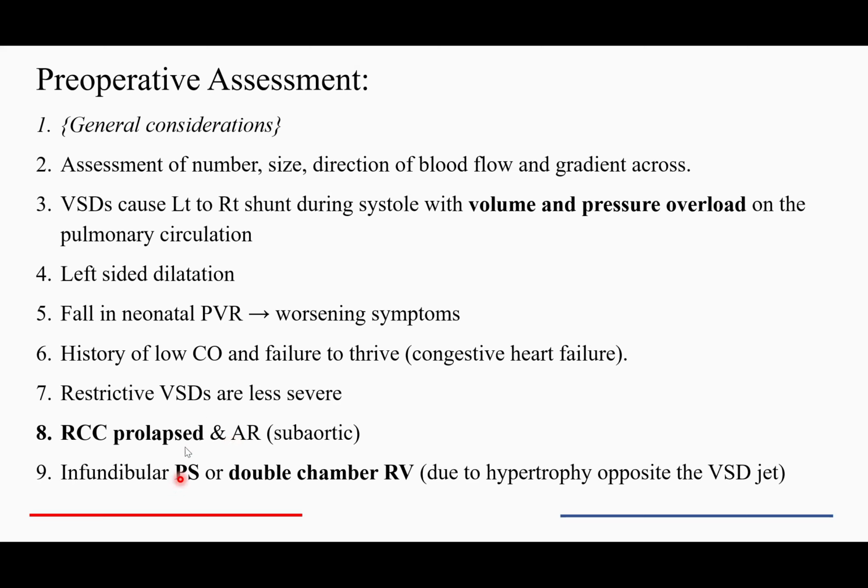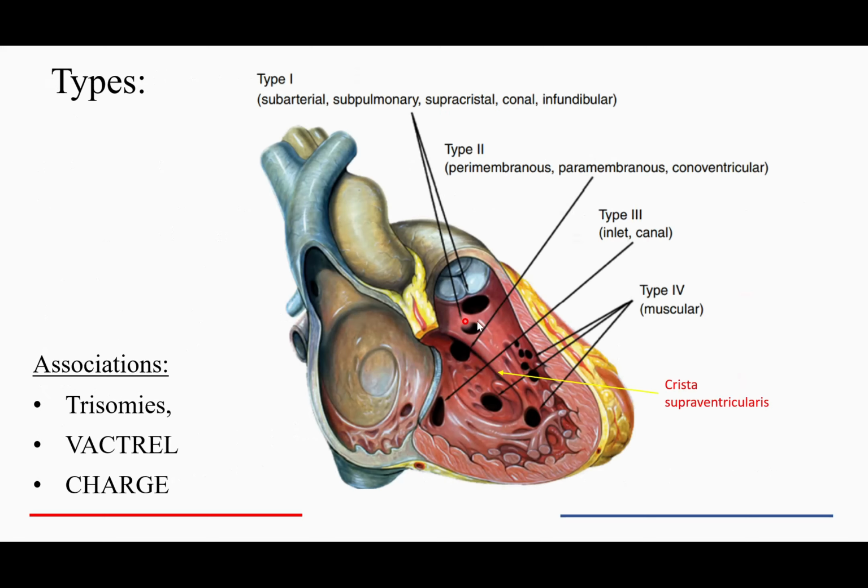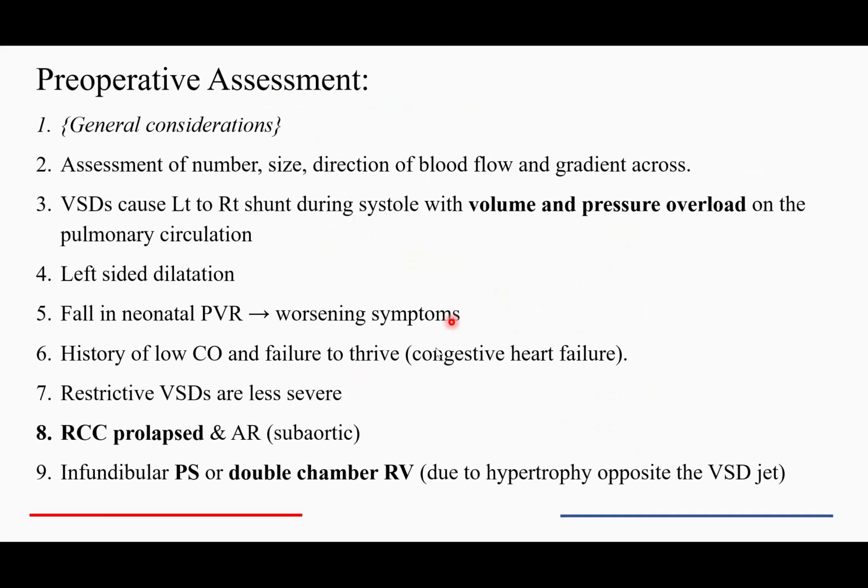In cases where the VSD is sub-aortic or subpulmonic, sometimes the right coronary cusp gets prolapsed due to the Venturi effect of the jet of the VSD, the blood passing through the VSD.